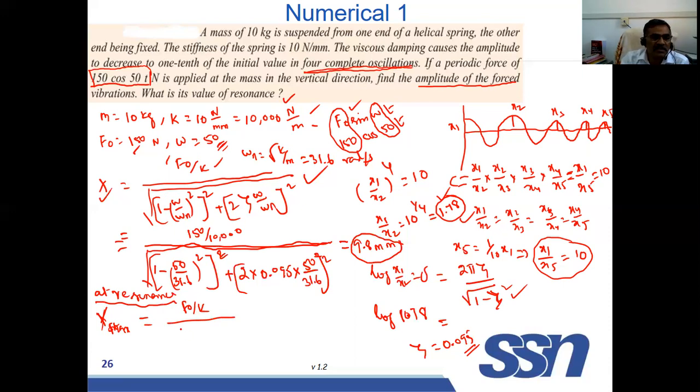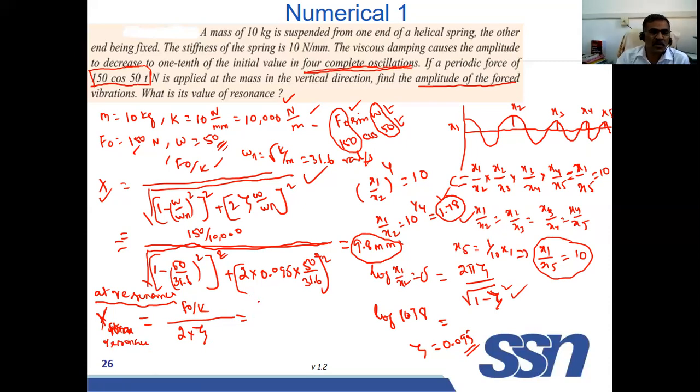Here you will get 2 into psi, because omega by omega n is equal to 1, and we have the square root. So 2 into psi. So by substituting this, you can get the value of x max, that is at resonance. That will be the maximum value. That is what I have taken as x max.